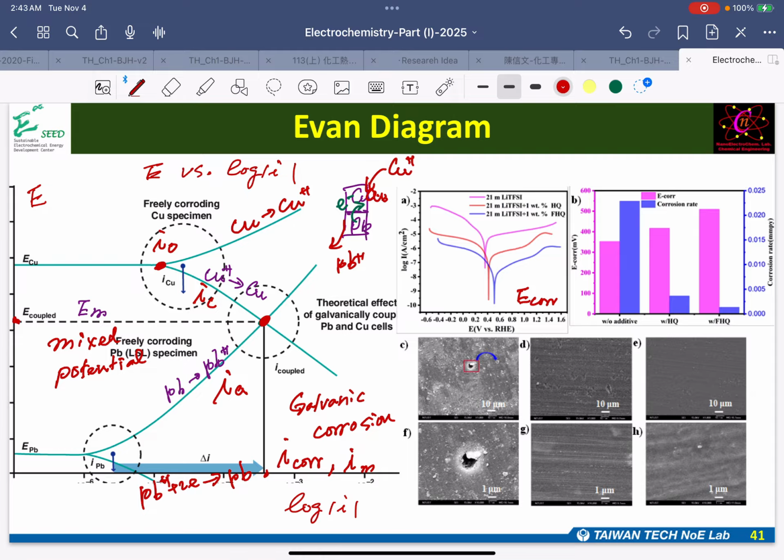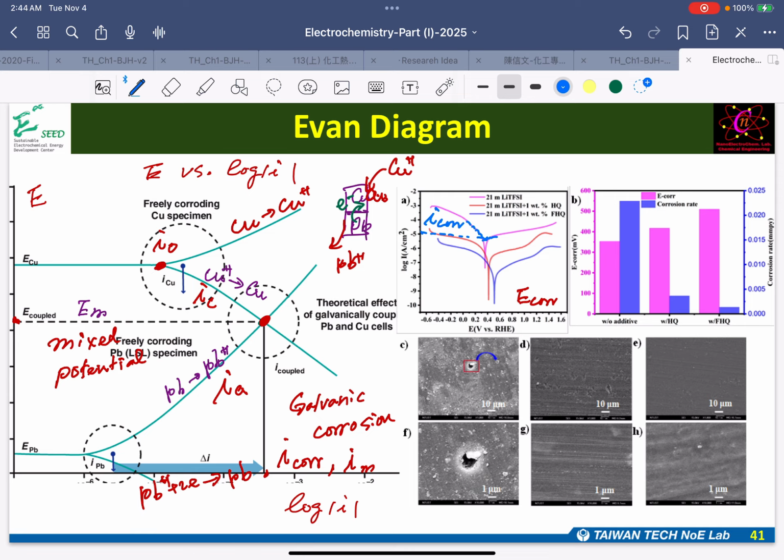And you can also get the current from the intercept of the curve. Extend it, and you can get the current. This we call I corrosion.